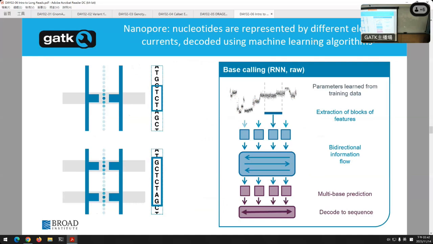I want to also mention that the methylated bases have a different current, a different resistivity from the unmethylated bases. So that's how Oxford Nanopore is able to detect DNA methylation during sequencing.